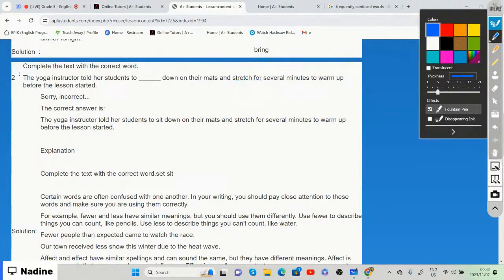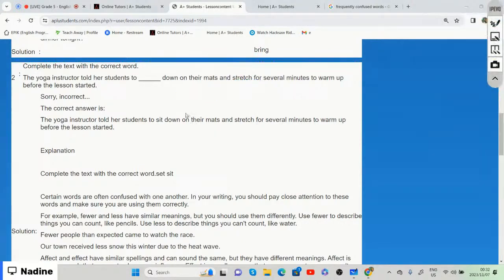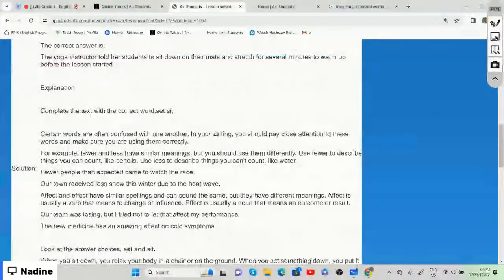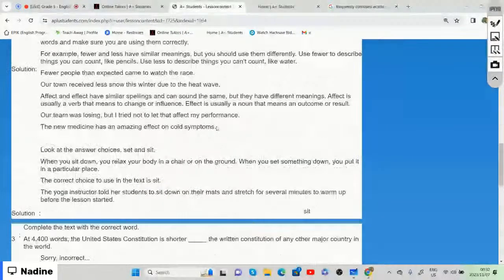I think sit is probably how people speak, the way somebody probably pronounces something. Because remember, when you sit down, it's like you are relaxing your body on the ground, right? And set something down is where you put it down in a particular place.